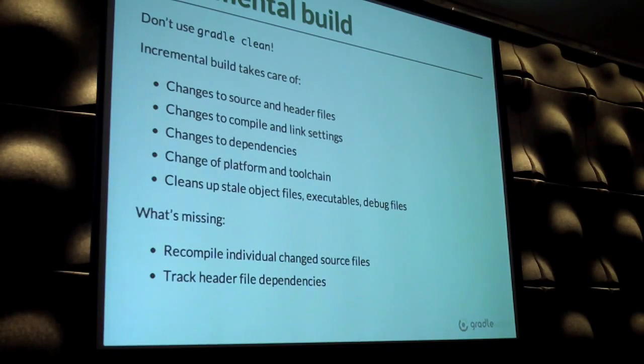We just need to recompile that one. And similarly with the header files, we track the header files as a whole. So if any header files change, we recompile all the source for that binary. So we want to be able to track the dependencies between source files and header files. So if we change a header file, we recompile just the source files that are affected by that change.